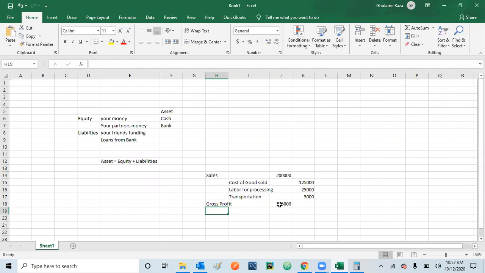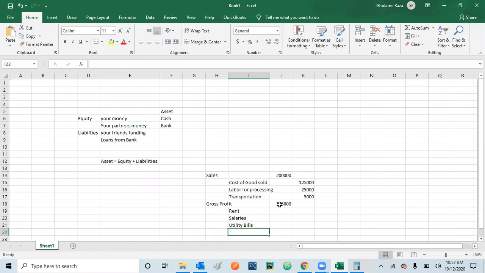After I come up with the gross profit, then come the general expenses. What are the general expenses? Like rent, salaries, right? What else? Salaries and utility bills and other things.